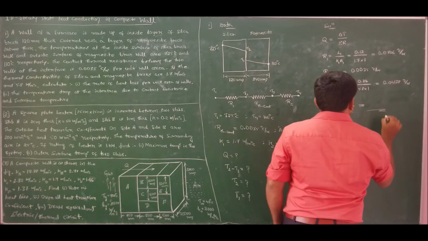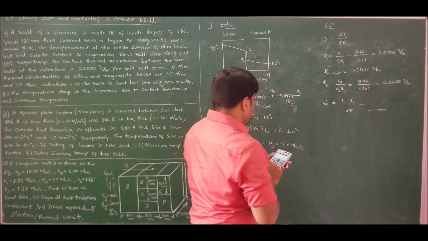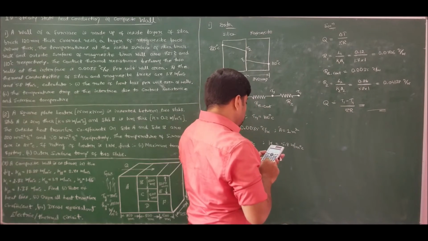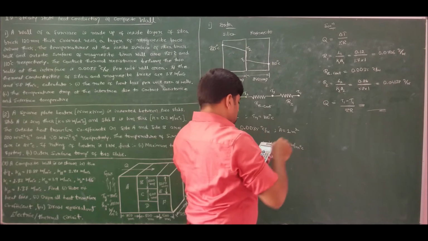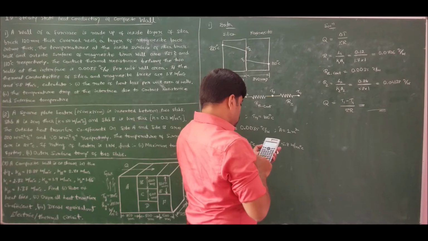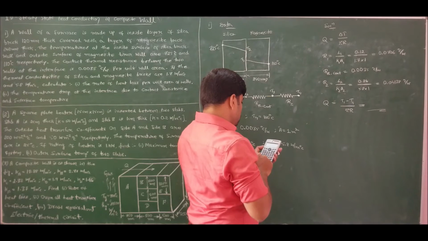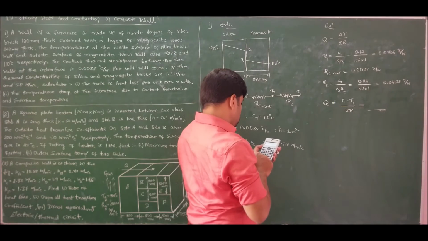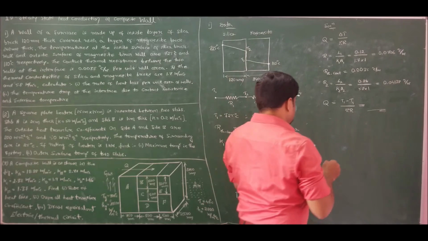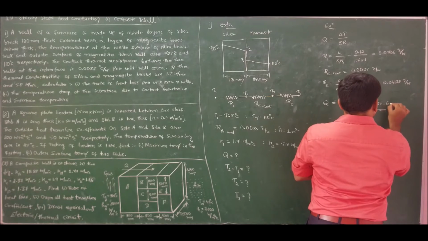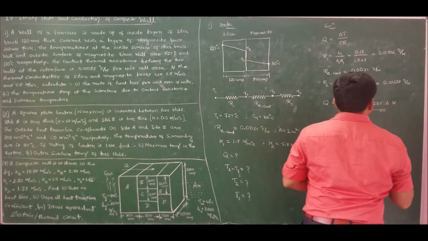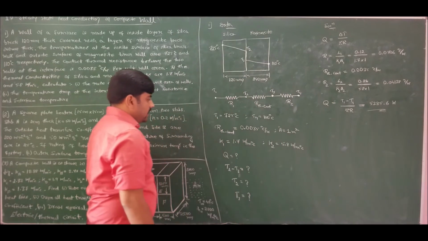So therefore, I will get the answer as T1 is 725 minus T4 is 110 divided by sum of resistances, that is 0.0706 plus 0.0035 plus 0.04138, which is nothing but 5325.6 watts. So we have calculated the rate of heat transfer.